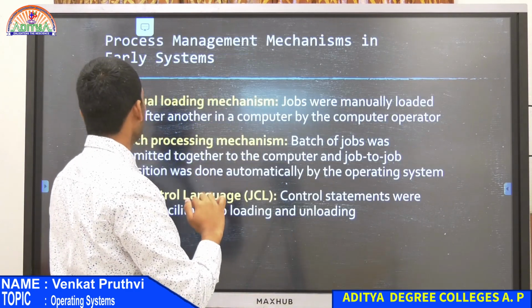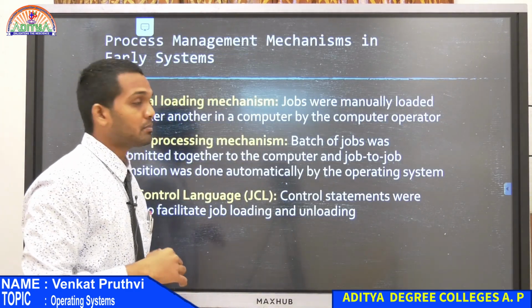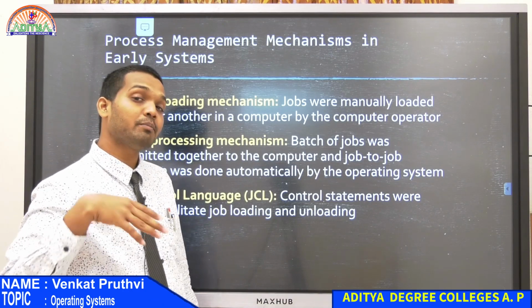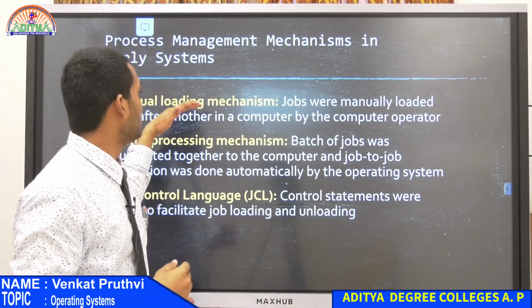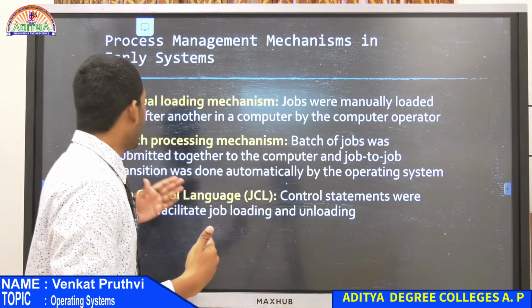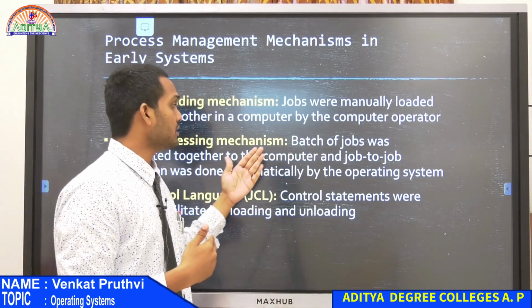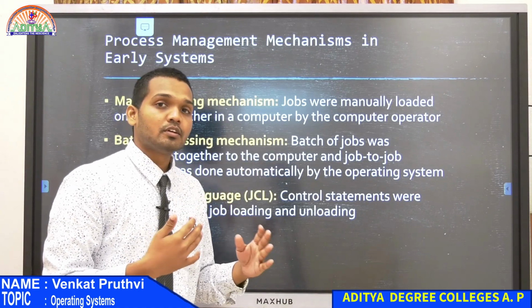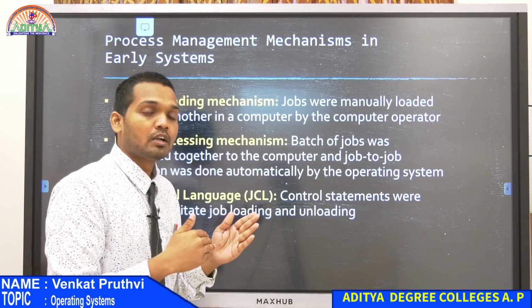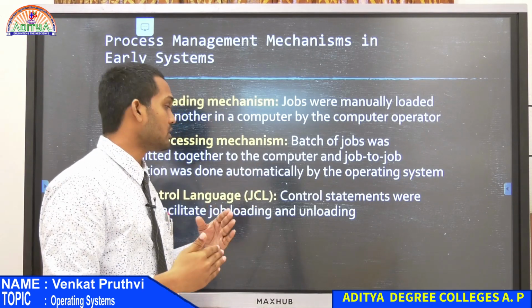Okay, and then process management mechanisms in the early systems. Whatever process management mechanisms we had previously, they are the manual loading mechanism where the computer operator used to shift each and every task, and then we had the batch processing mechanism where a batch of jobs were sent to the computer, and automatically that set of batch tasks were executed by the computer itself.